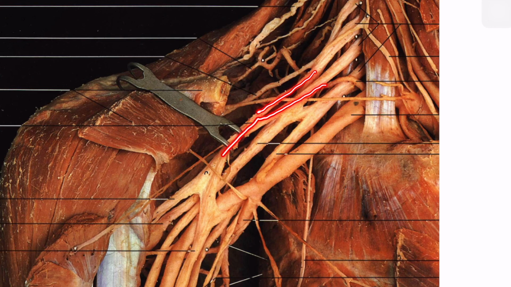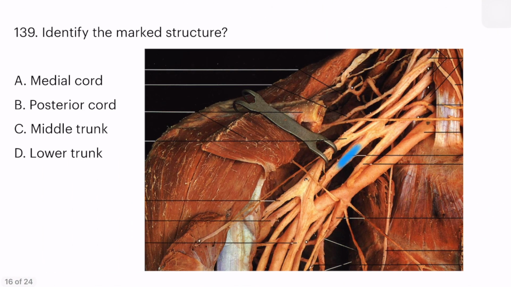The anterior divisions of the upper and middle trunks form the lateral cord, and the anterior division of the lower trunk forms the medial cord. All the posterior divisions 1, 2, 3 form the posterior cord. So the answer for this question would be posterior cord.